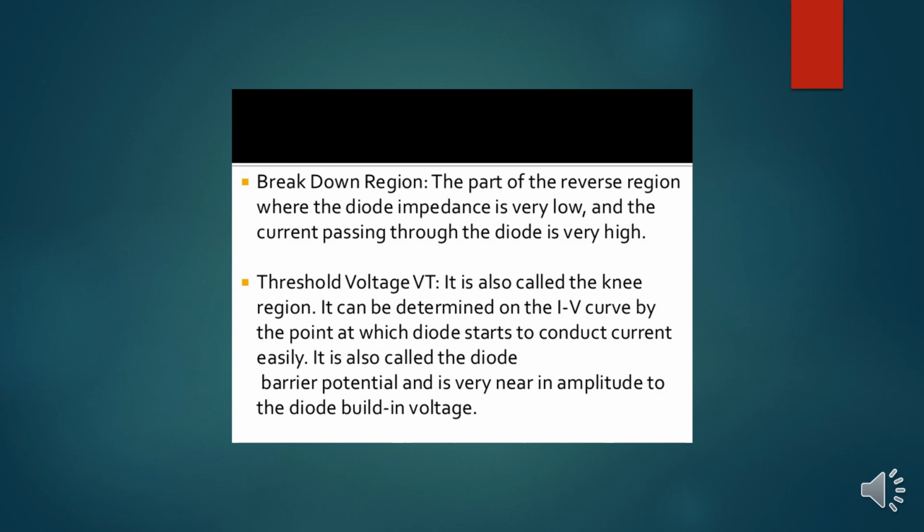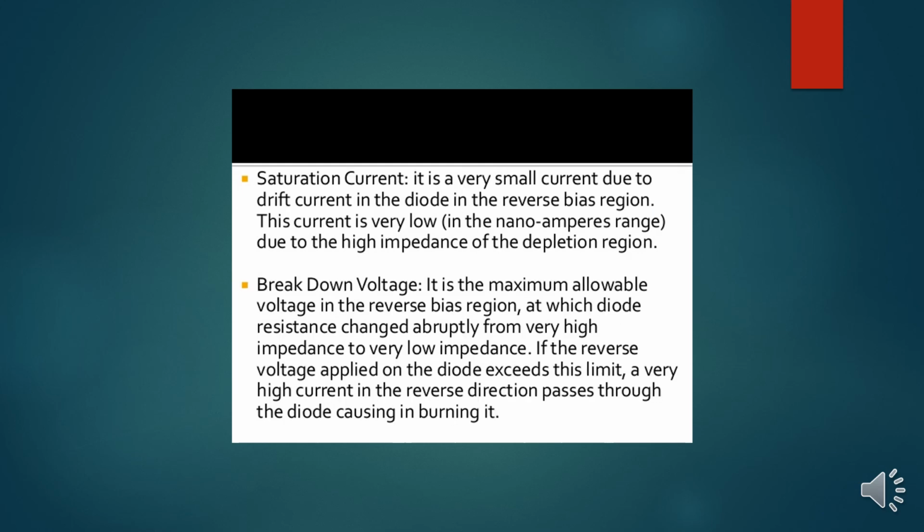What is the VT or threshold voltage? It is also called the knee voltage. It can be determined on the VI curve by the point at which the diode starts to conduct current easily. It is also called the diode barrier potential. It is very near to the amplitude of the diode built-in voltage, that is 0.7 in the case of silicon. What is the saturation current?